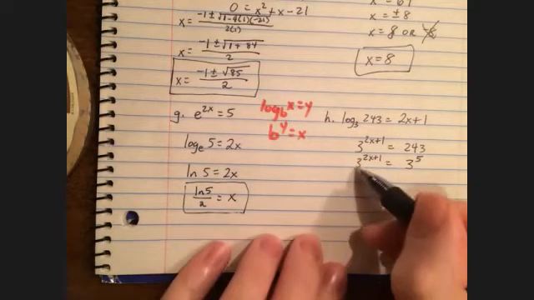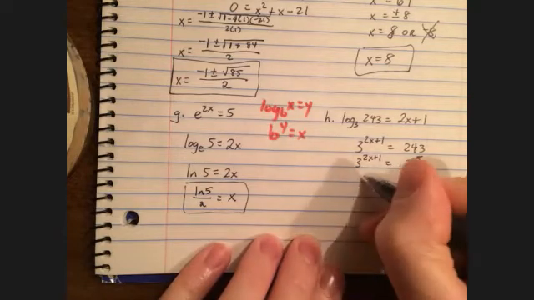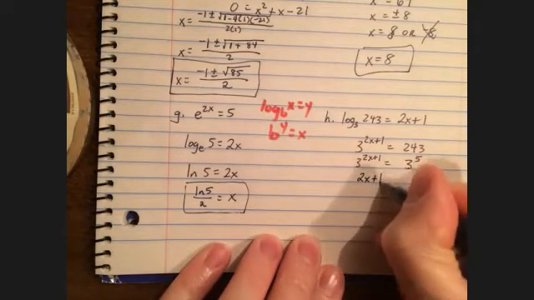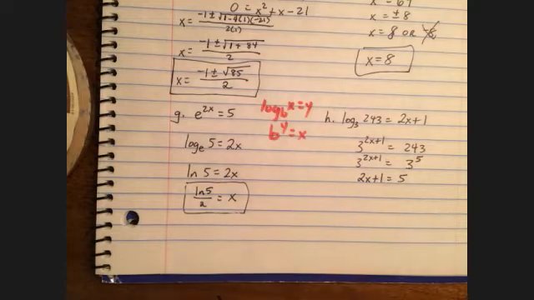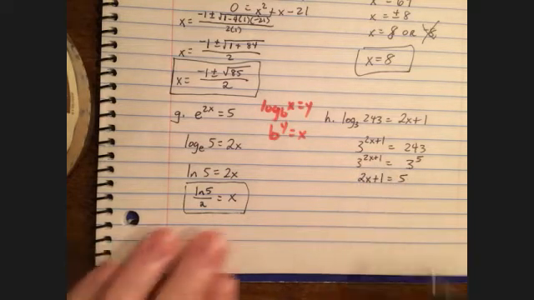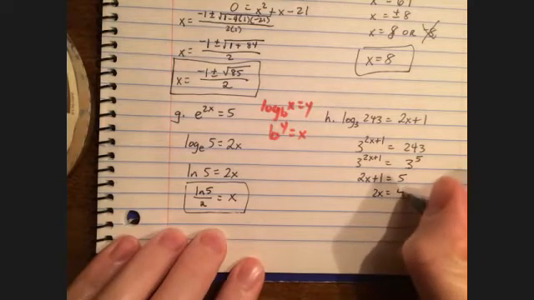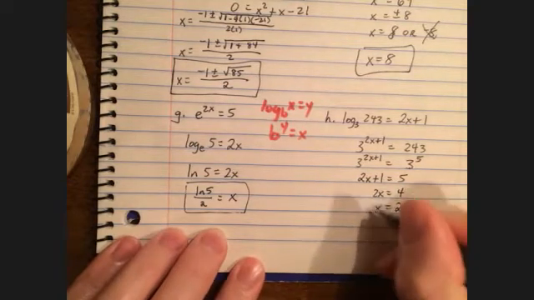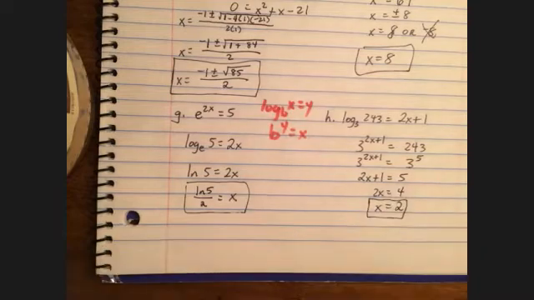So now we have the same base. We just need the exponents to be equal. So we're trying to figure out what value of x would make this entire exponent equal to 5. And it looks like x equals 2 would work for that particular problem.